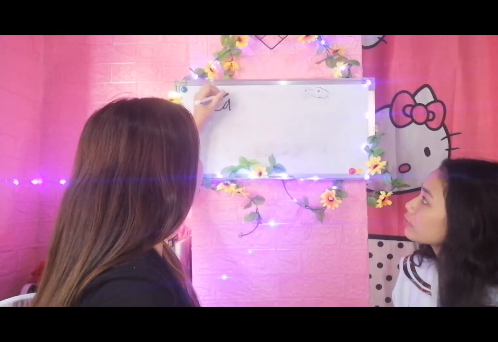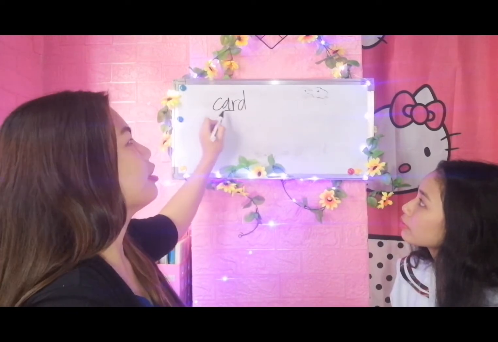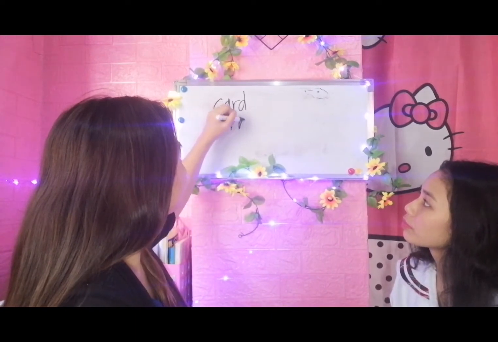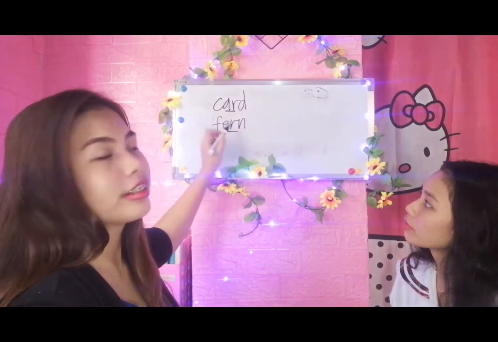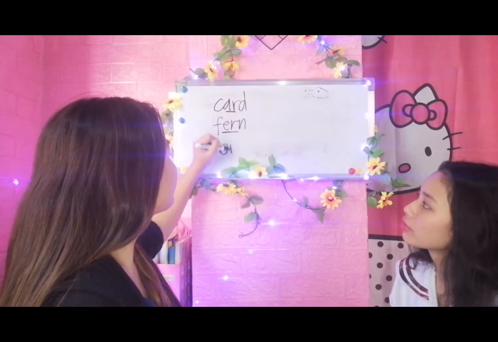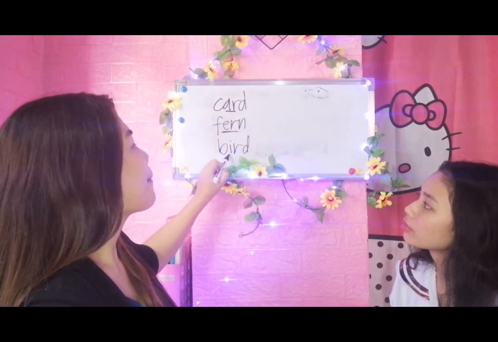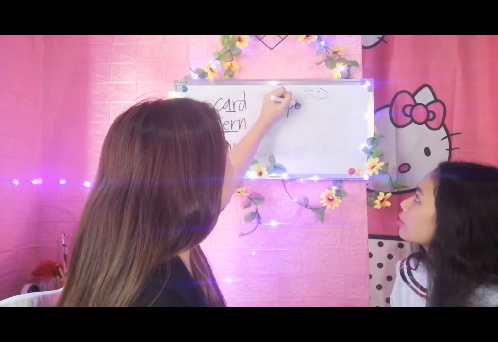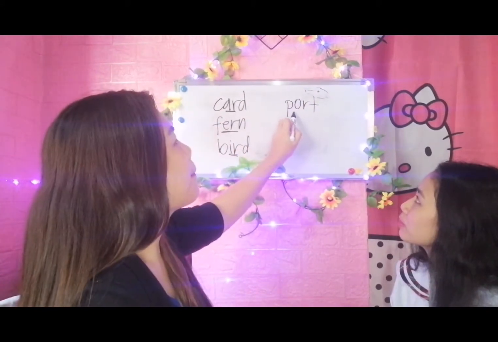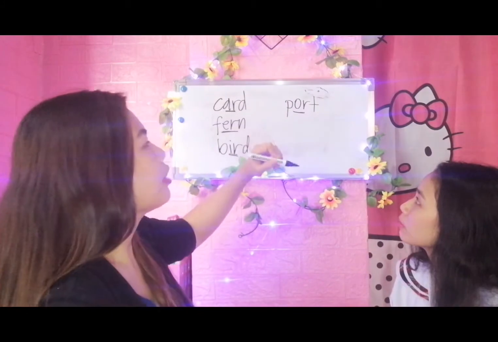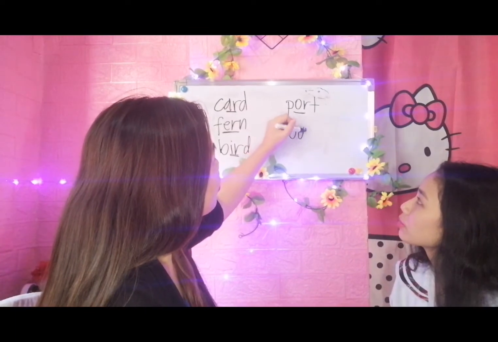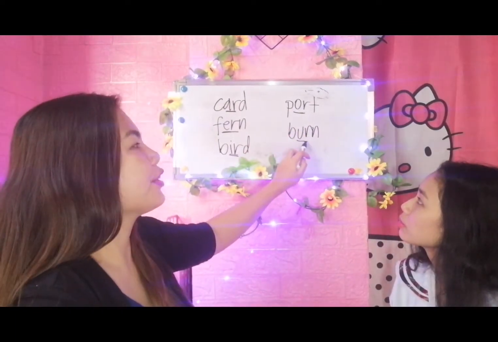So for rule number 4, vowels followed by R usually have a sound that is neither long nor short. For example, card. Another example, fern. Another example, bird. Another example, port. And for the last vowel, letter U, burn.